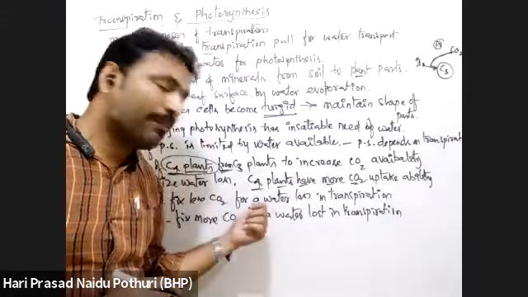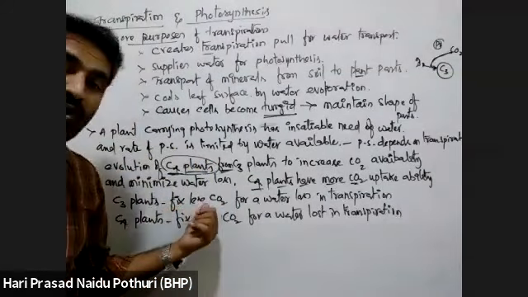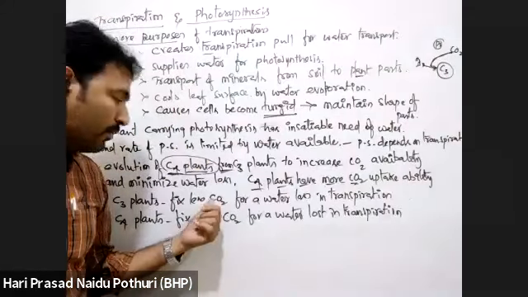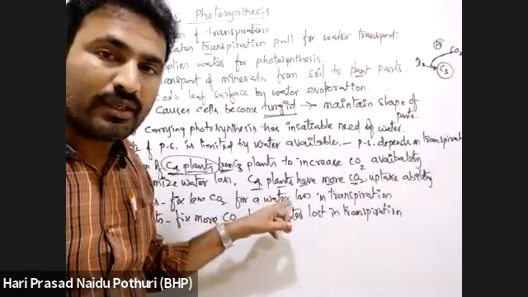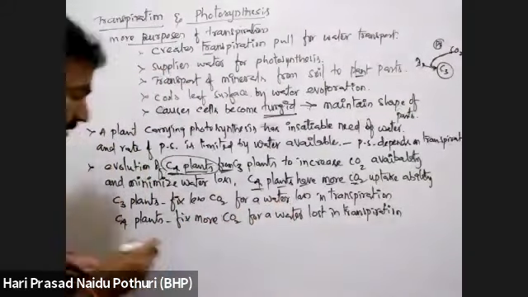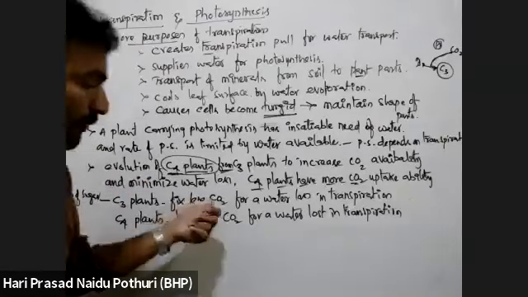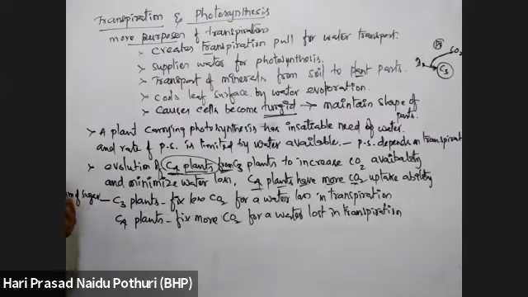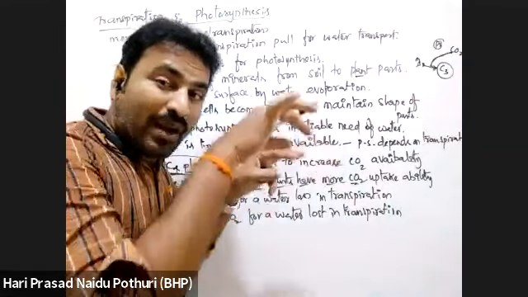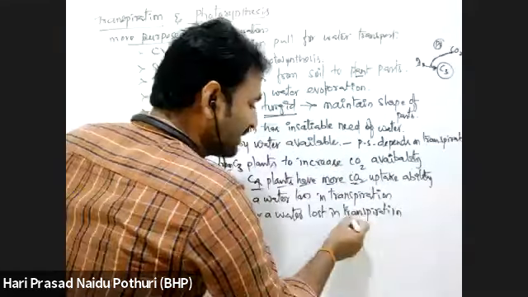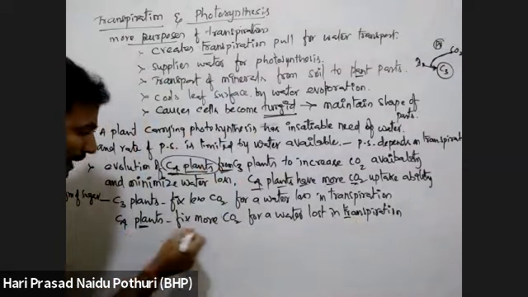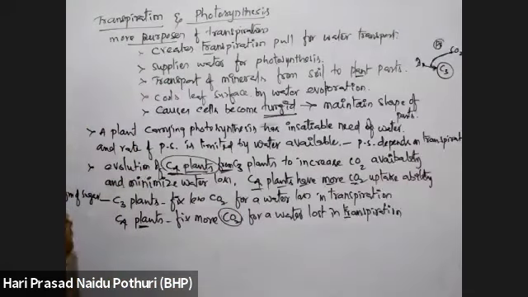In a C3 plant, for the water lost in transpiration, a lesser amount of CO2 is fixed. Suppose for 1 liter of water lost in transpiration, there is fixation of CO2 and 1 gram of sugar is formed in photosynthesis. Rate of CO2 fixation means rate of photosynthesis and sugar formed. For the same 1 liter of water loss, C4 plants can fix more CO2.